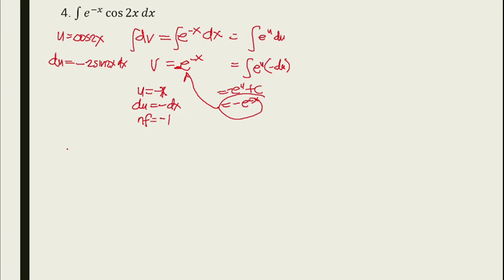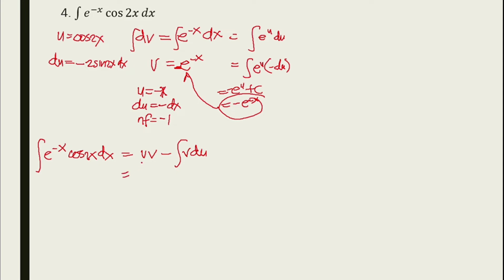The next part is to integrate using integration by parts. So the integral of e raised to negative x cos 2x dx is equal to uv minus the integral of v du. Let us first identify our u.